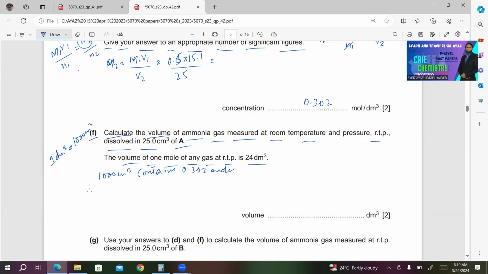Therefore, 25 centimeter cube contains X moles.